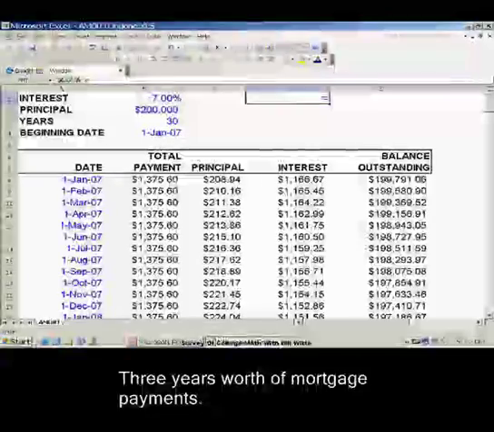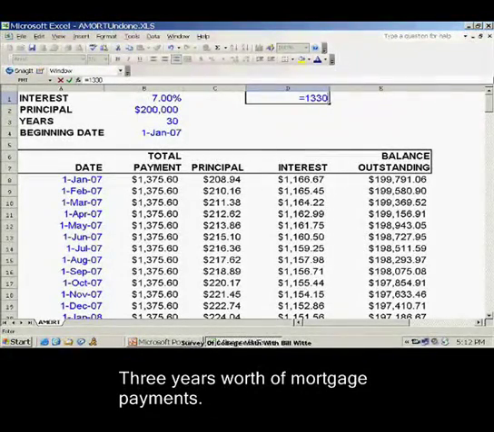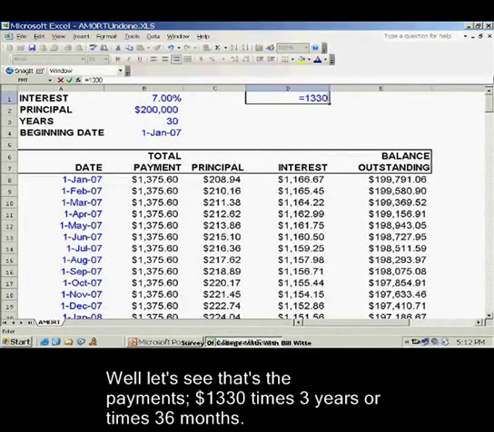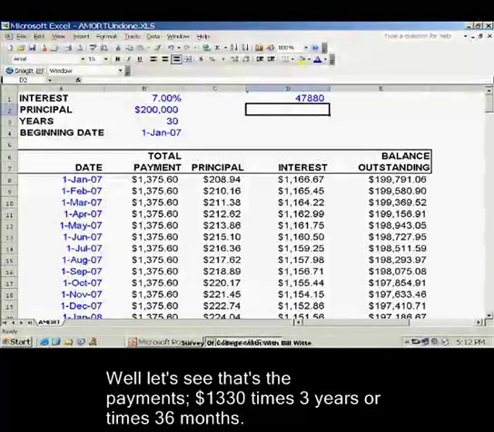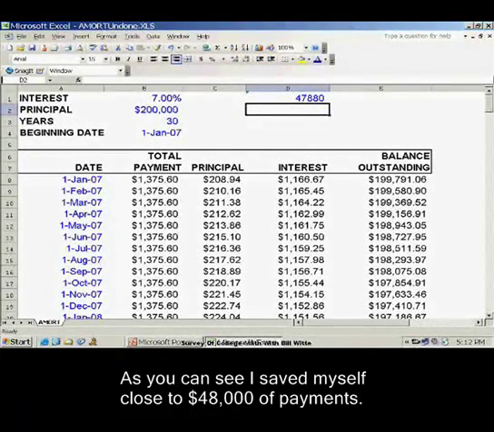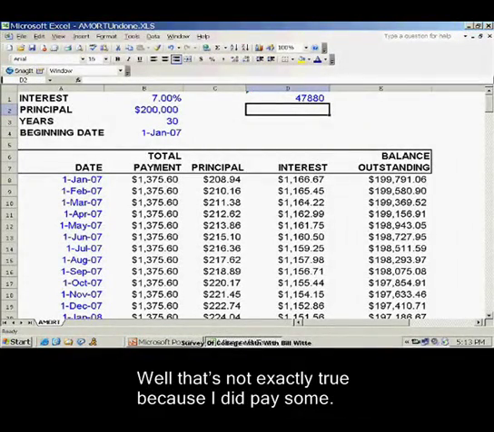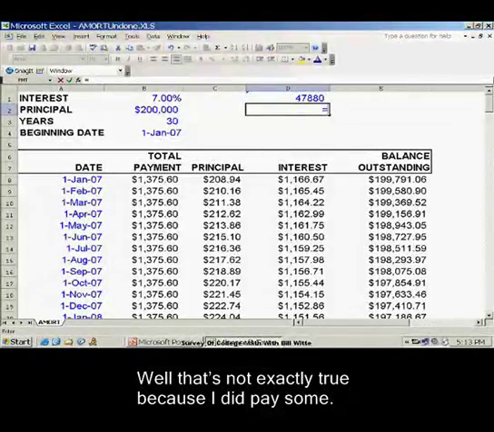Well, let's see. That's one payment is $1,330 times 3 years, or times 36 months. I saved myself close to $48,000 of payments. Well, that's not exactly true because I did pay some. How much did I actually pay? Let's calculate that.